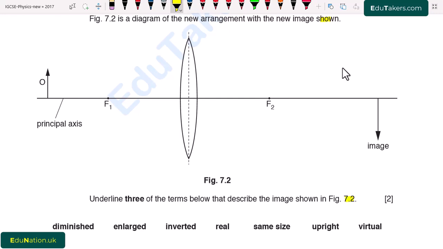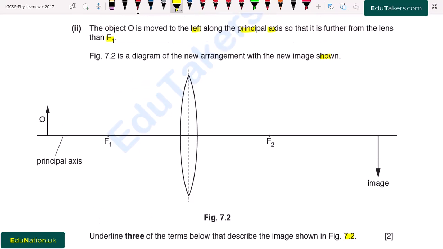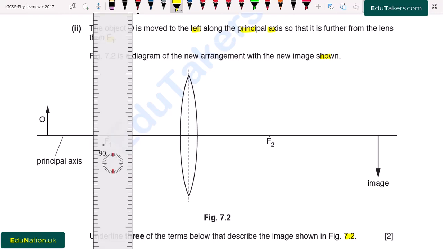First is diminished, enlarged, inverted, real, same size, upright and virtual. So first of all, here again I draw the rays and form the image. Then I will tell whether the image is virtual or real, diminished or enlarged, inverted or upright. So I am going to draw these rays.